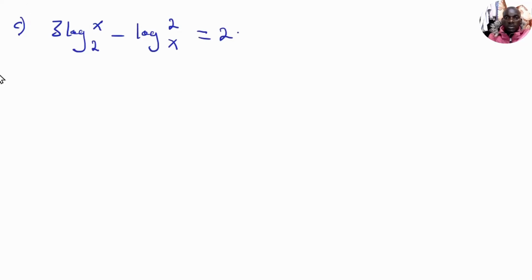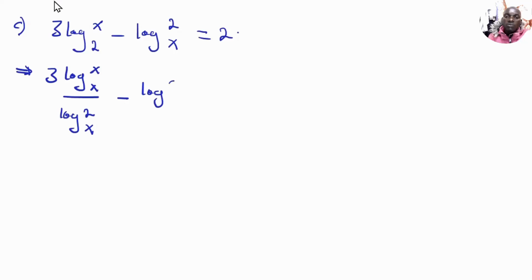So the same thing, we can decide to change all these logarithms to the same base. Let us change them to be in base x. So this implies that we are going to have 3 multiplied by the log of x base x divided by log of 2 base x minus the log of 2 base x being equal to 2.